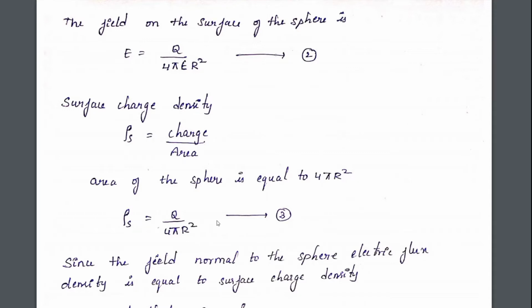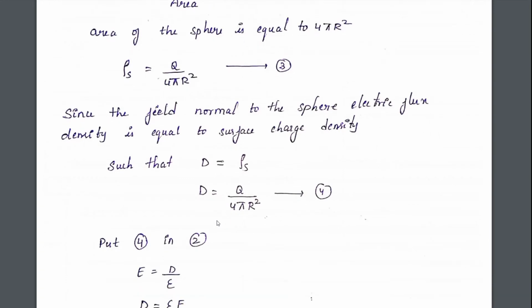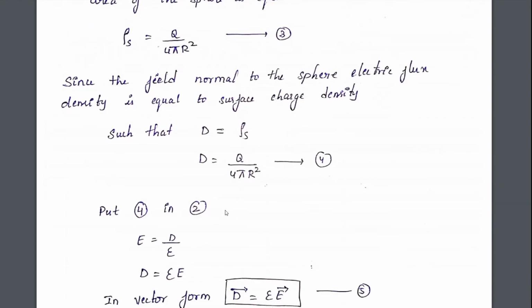Then after calculating rho s, we need to find what D is. So what is happening in the sphere here? Whatever field we are calculating, that is electric flux density or field intensity, is normal to the surface of the sphere. Since it is normal to the surface of the sphere, the value of flux density and surface charge density will always be equal.